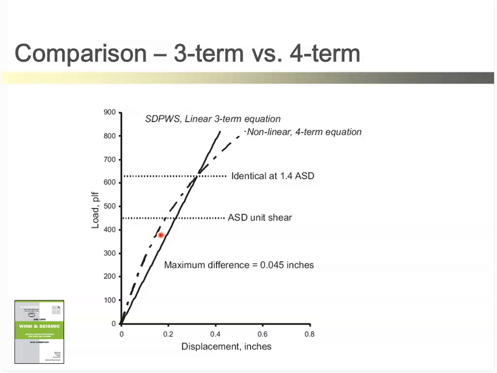But at 1.4 times the ASD shear value, you're going to get identical results. So that's the background for the 3-term and the 4-term equation.